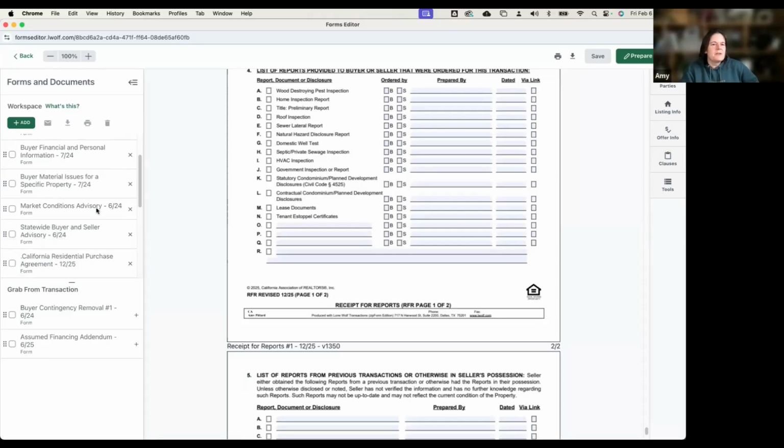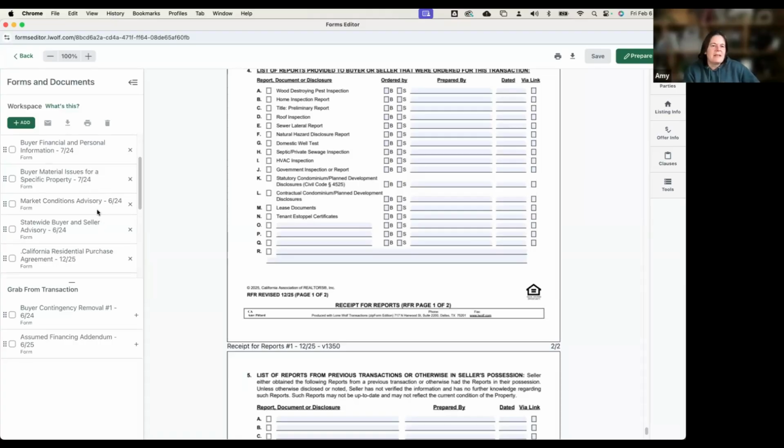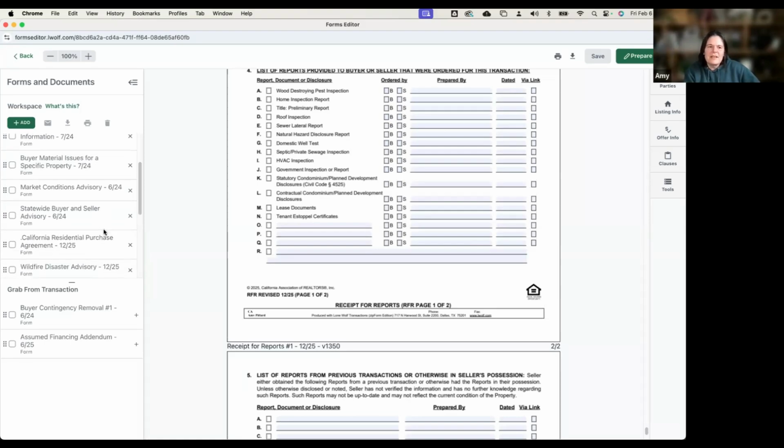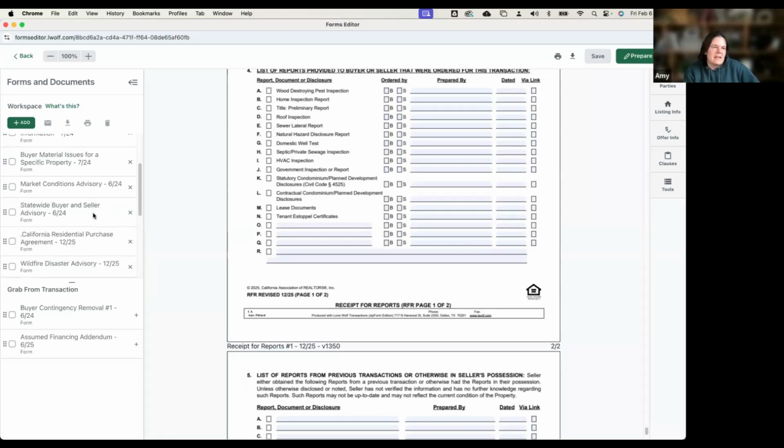I would also probably go ahead and provide them with the buyer material issues for a specific property form, just so they have a copy of that. And if they have any specific questions regarding a property that they're interested in, they can provide those questions or concerns in writing so that I can present them in the buyer's words to the seller to get those answers. And then also at that same time, I like the market conditions advisory, the statewide buyer and seller advisory, at that time as well.